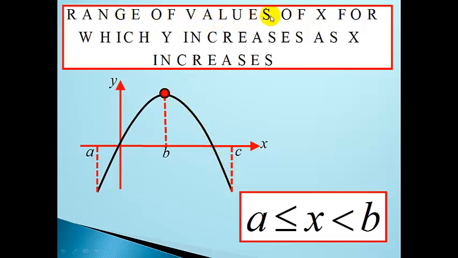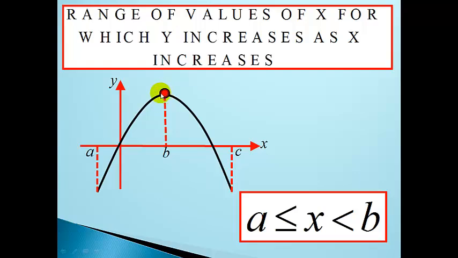So if you want to find the range of values of x for which y or the curve is increasing as x increases, that means it is from A to B. It is this portion that the graph is increasing as x is also increasing.